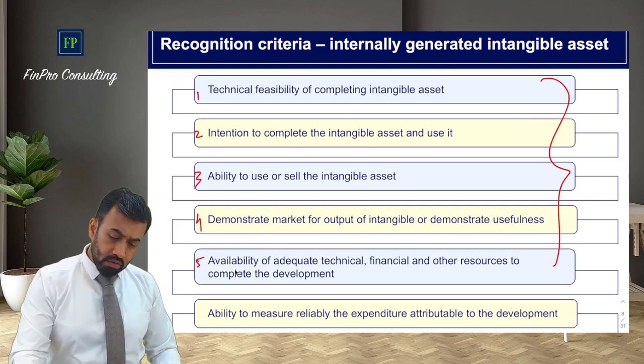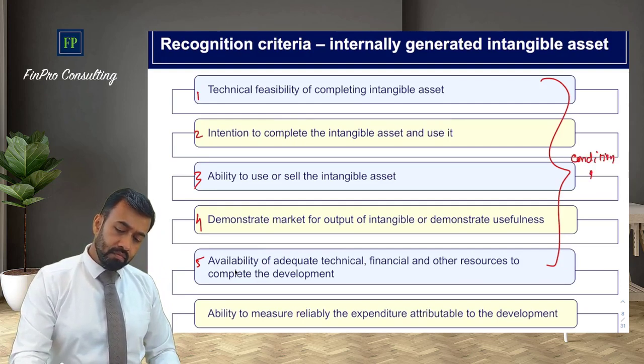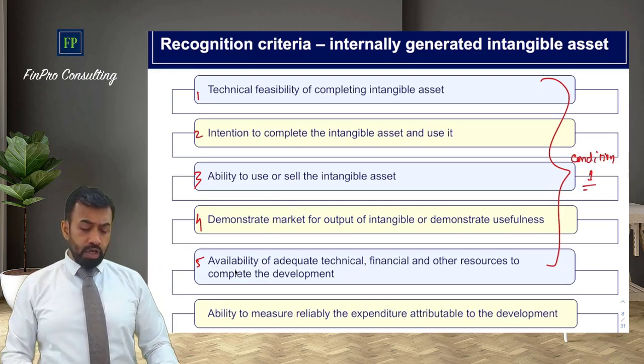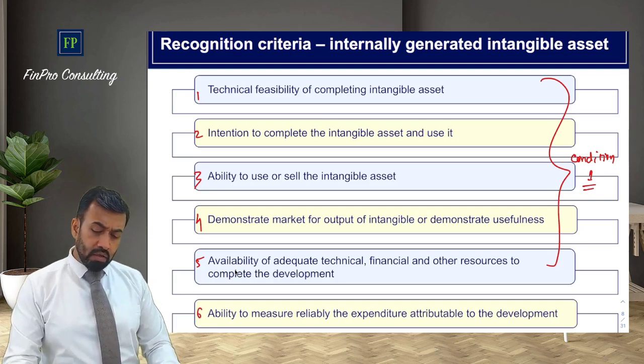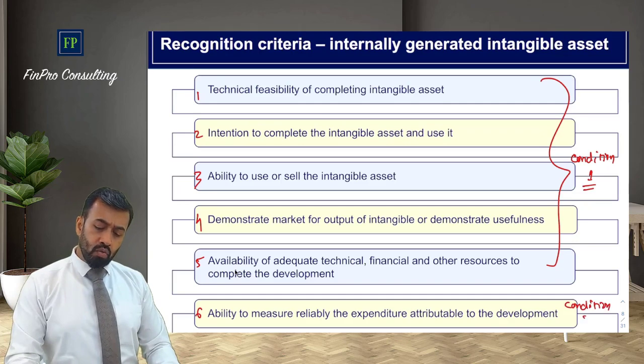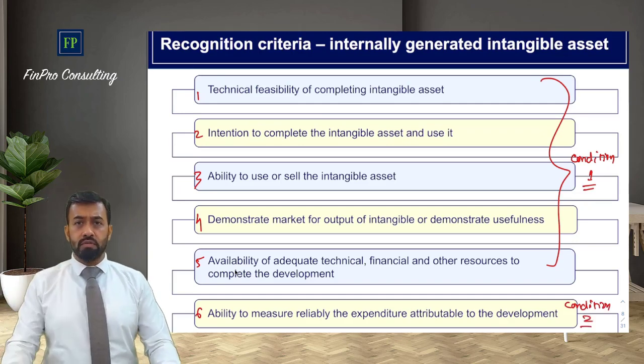These support condition 1, the probability of future economic benefits. And the 6th one supports condition 2, reliable measurement of costs.